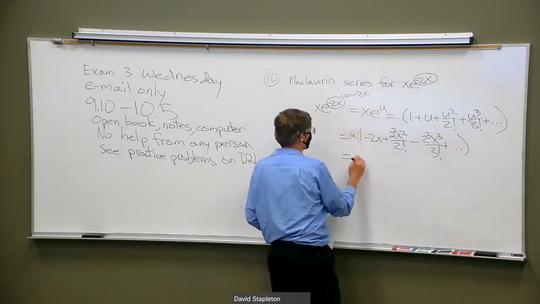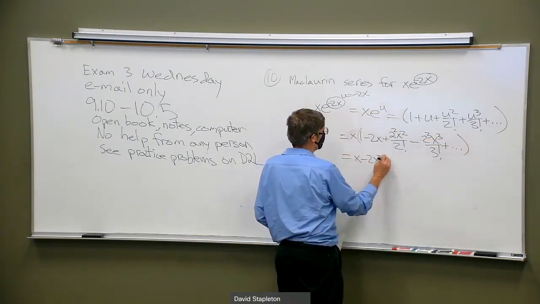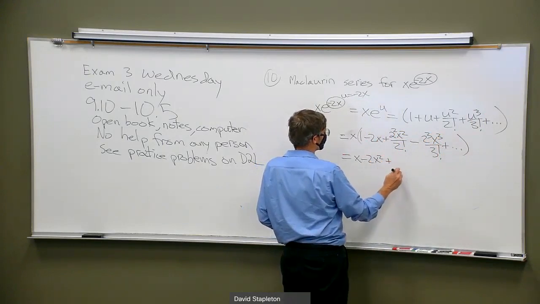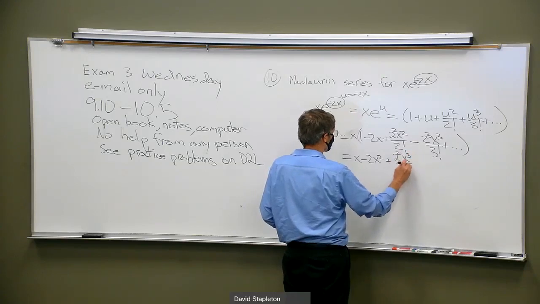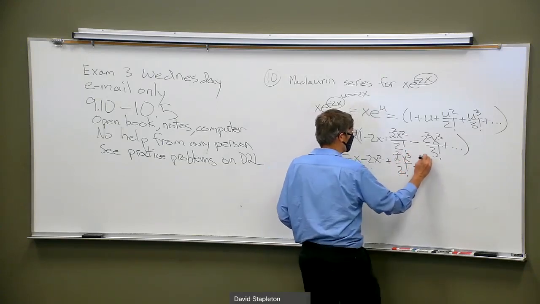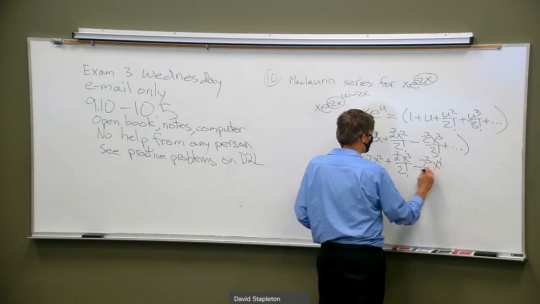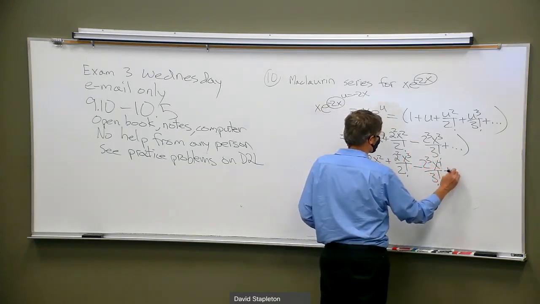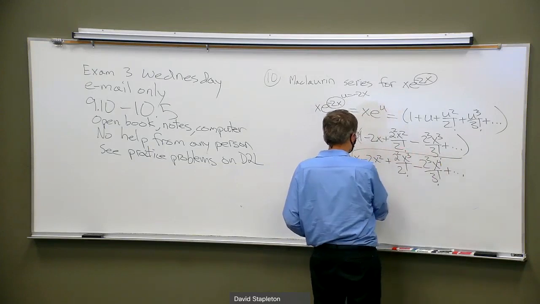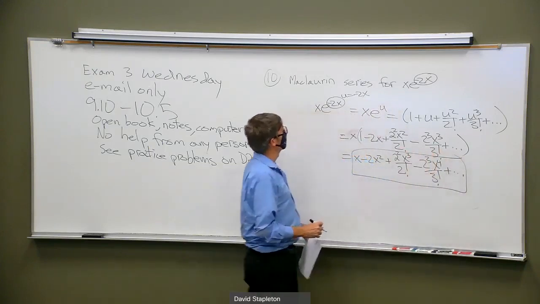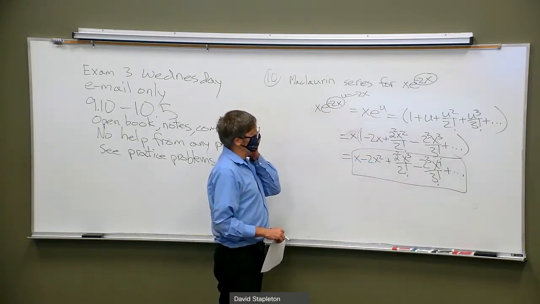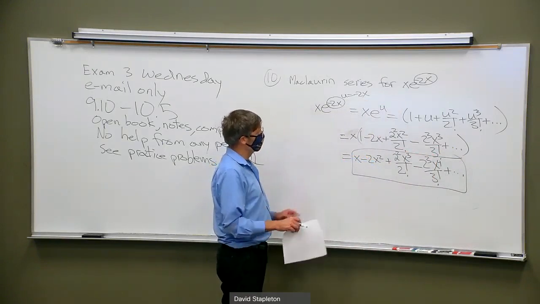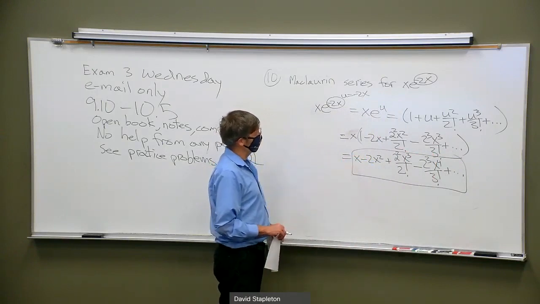And now multiply x in, you've got x minus 2x squared plus 2 squared x cubed over 2 factorial minus 2 to the third x to the fourth over 3 factorial and so on. So there's the Maclaurin series for x e to the minus 2x. Now remember that each Maclaurin series on any interval where it converges is unique. So there isn't any other series that would match it at all points on an interval like this.